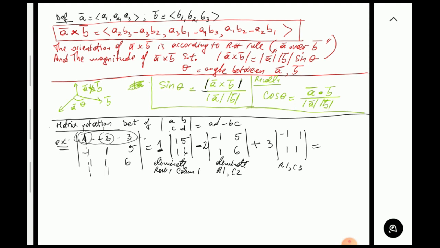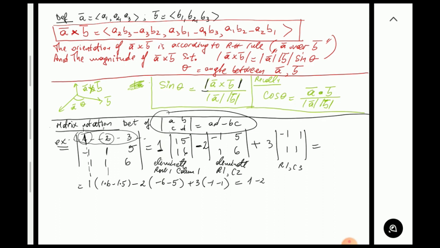And now we can compute these determinants the way we know already for a 2 by 2 matrix, right? So it's going to be 1 times 6 minus 1 times 5, minus 2 times minus 6 minus 5, plus 3 times minus 1 times 1 minus 1. 6 minus 5 is 1 times 1 is 1.